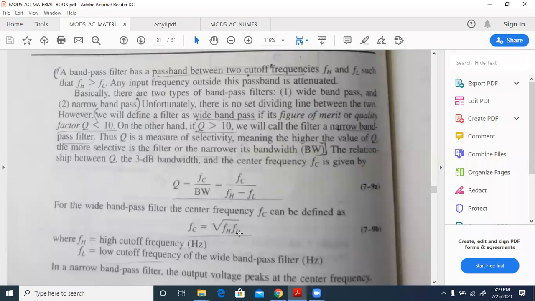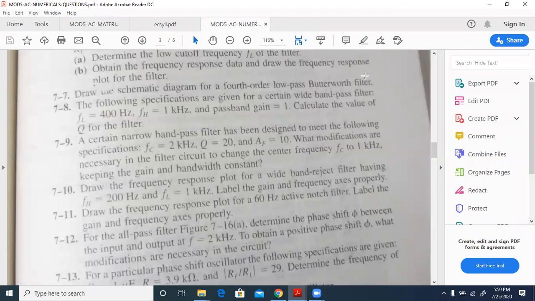Simple problem, nothing big over there. So what do we have? FC is equal to root of FL FH, 400 into 1 kilohertz, 400 hertz into 1000 hertz. So find the value of the root.